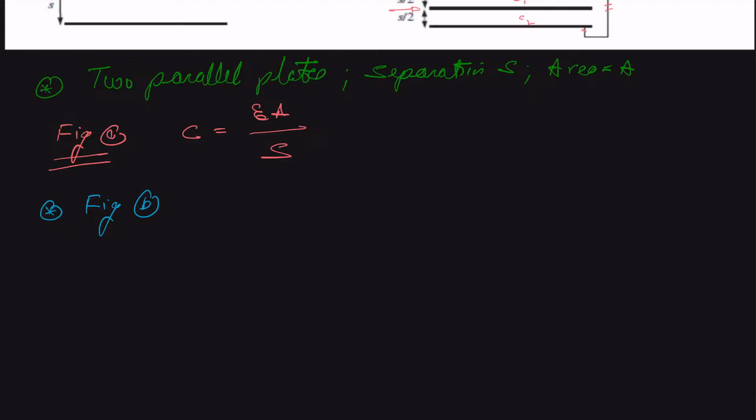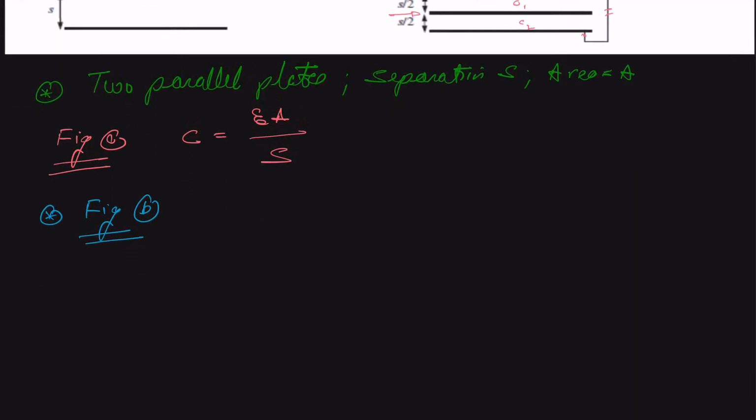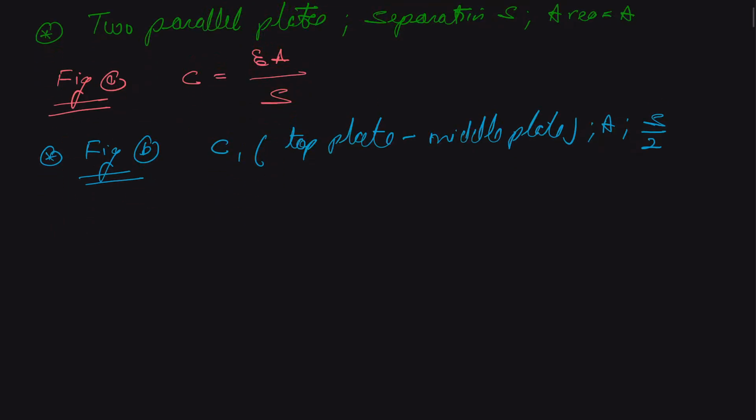In figure B, we have considered capacitance C1, which is between our top plate and the middle plate. The area is the same, A, and the separation between the plates is S by 2.